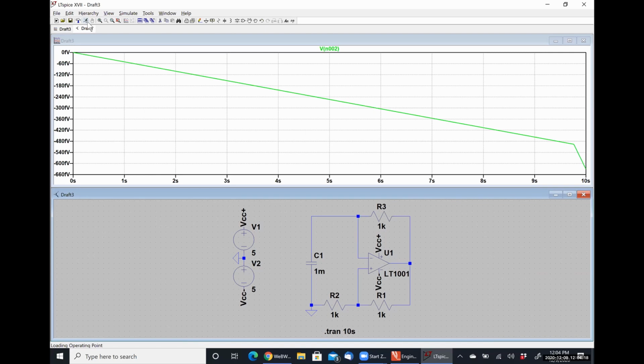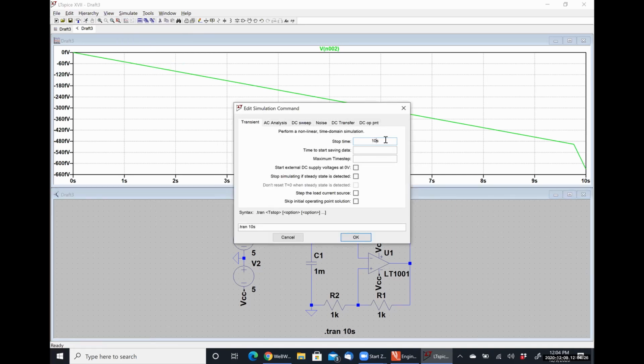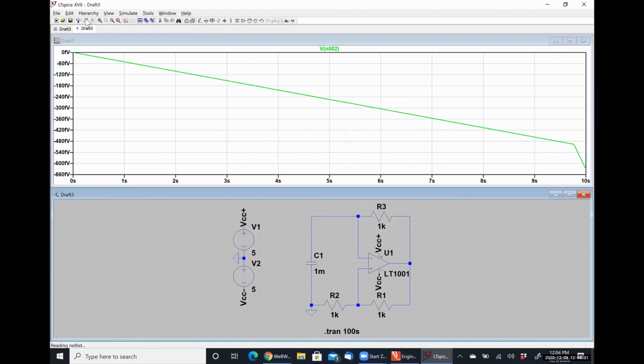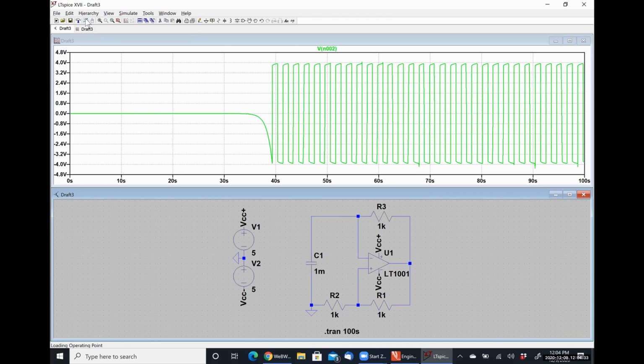The voltage changes, but it's taking more time. Let's look at it over 100 seconds and see what happens. All right, yeah, so after about 38 seconds or so, the capacitor finally has enough energy to actually kick on, and then it starts swinging between 4 volts and -4 volts.